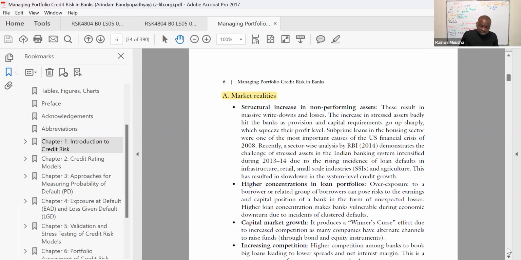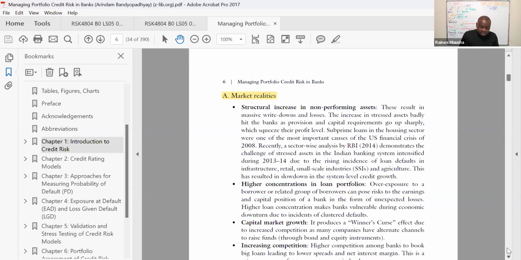So the increase in stressed assets badly hit the banks as provision and capital requirements go up sharply, which squeeze their profit level. Subprime loans in the housing sector were one of the most important causes of the US financial crisis of 2008.